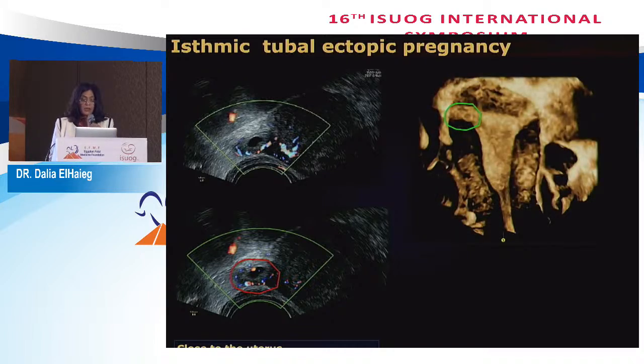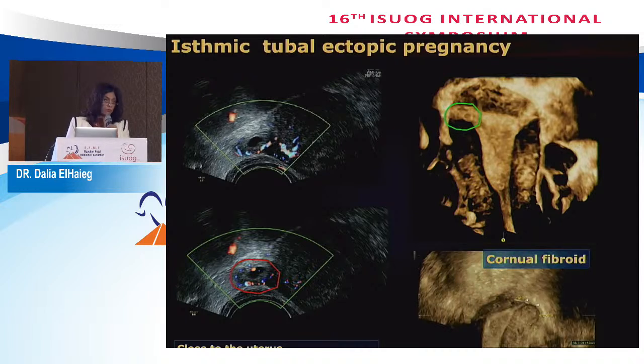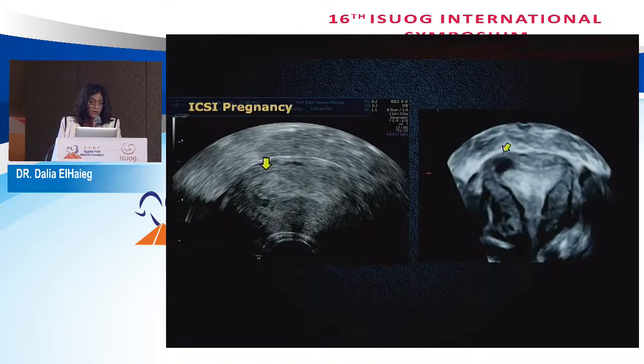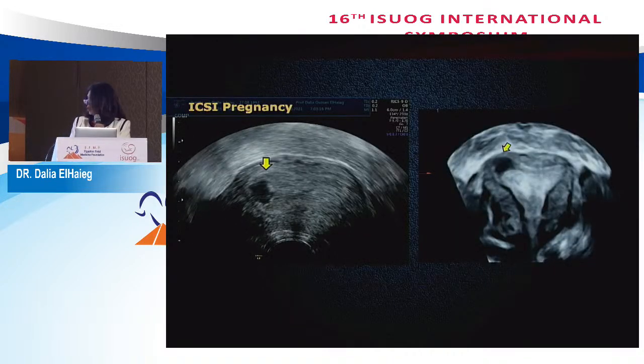And here, the 3D ultrasound can clearly delineate the interstitial part of the tube, and also we have to differentiate it from cornual fibroid.